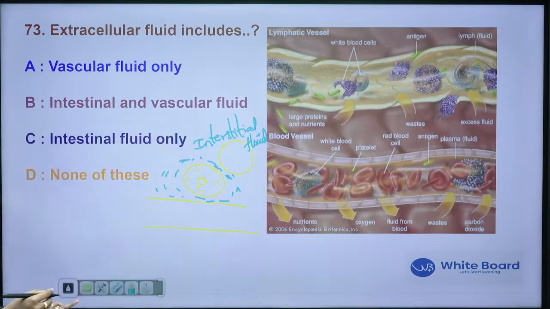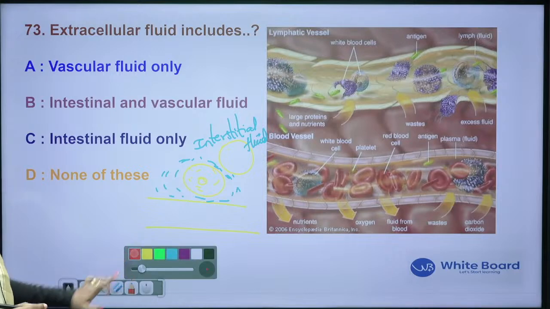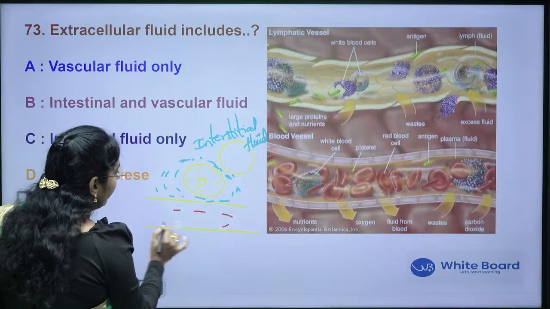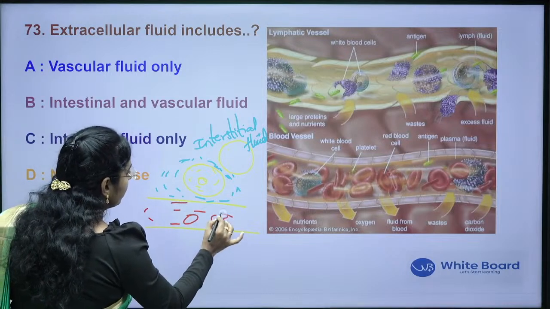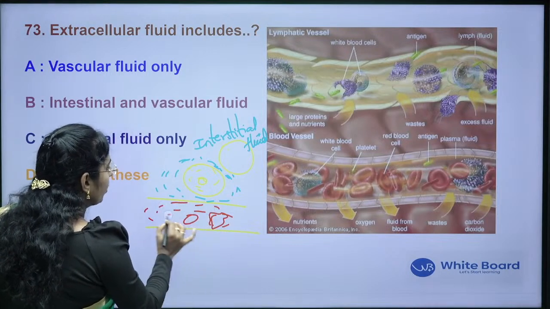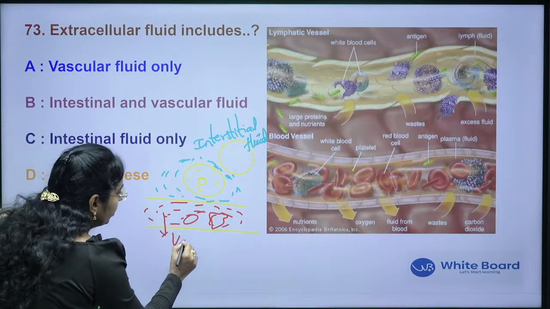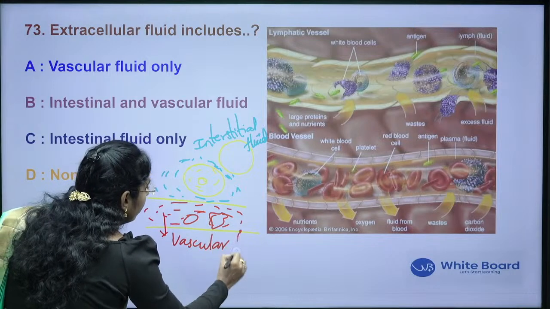And what is vascular fluid? Vascular fluid is nothing but the fluid which is present within the blood vascular system, like RBC, WBC, and whatever fluid is present in the blood vessels is known as vascular fluid. Right.